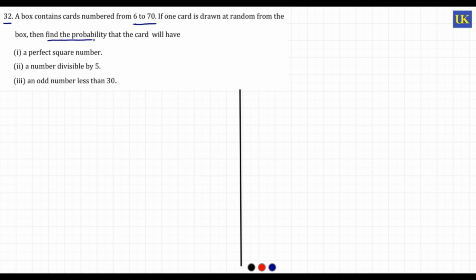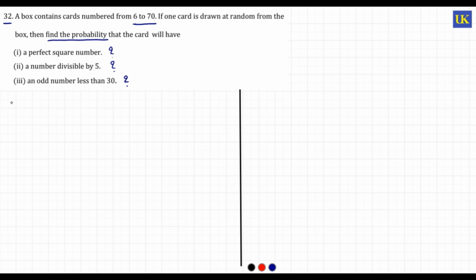So the question is from probability chapter, and there are three sub questions. Find the probability that the card is having a perfect square number, a number divisible by 5, and an odd number which is less than 30. So these three questions we need to solve here.